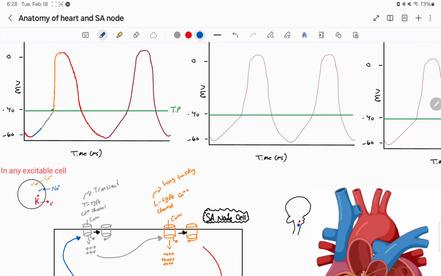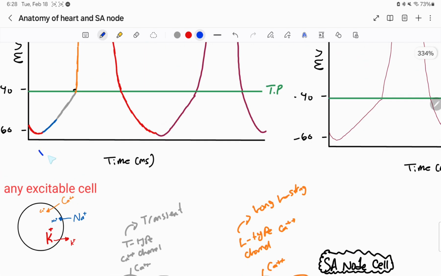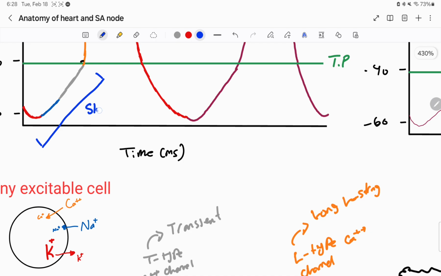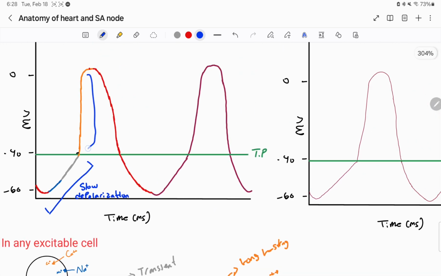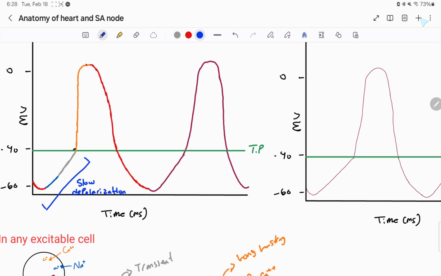Okay, there is a special portion of this graph that I have to talk about. From here all the way to here, that point right there, we call that a slow depolarization. Why slow? Because usually when you have depolarization, such as this, it's pretty fast. It's occurring very fast, actually. But in this scenario, it's very, very slow.